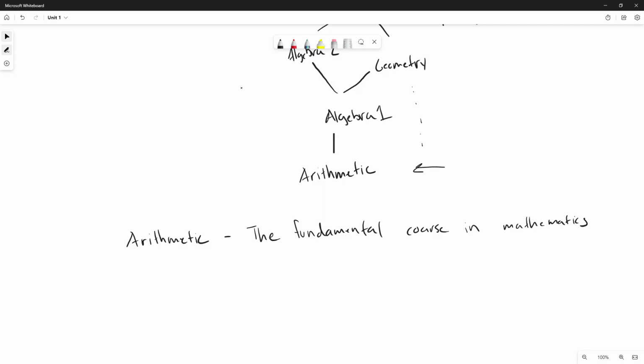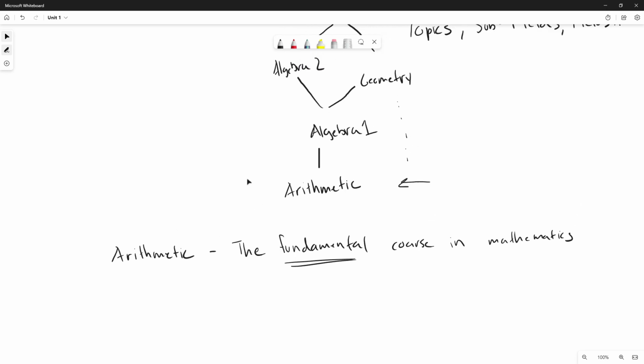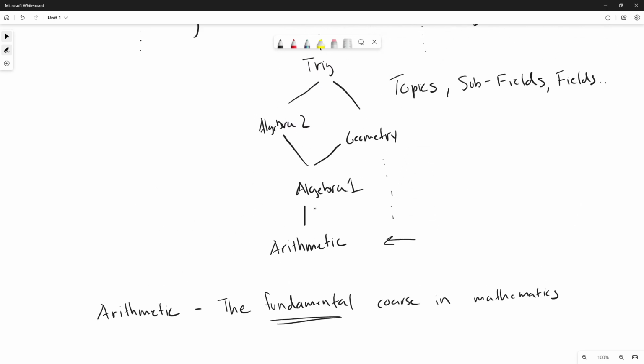And it's important to note fundamental here. Fundamental meaning it underlies everything, right? So if you don't know the concepts in arithmetic, you're not going to be able to move on to algebra 1. And similarly, if you don't know the concepts in algebra 1, you're not going to be able to move on to geometry or algebra 2, and so on and so forth.